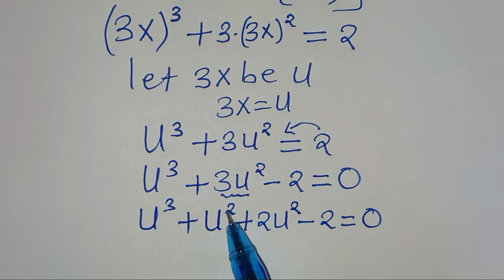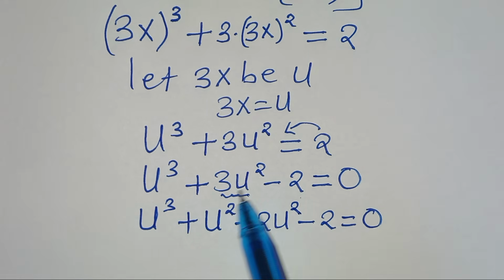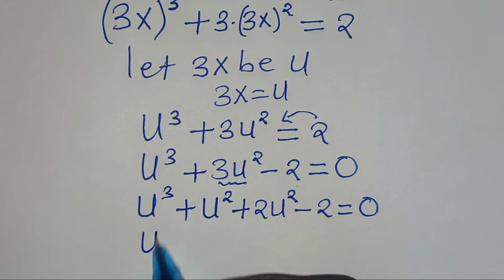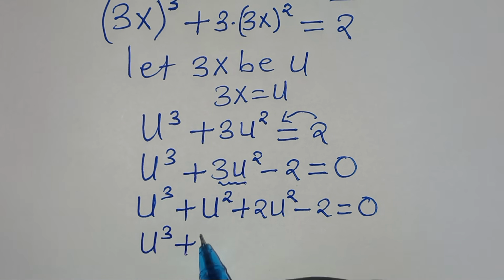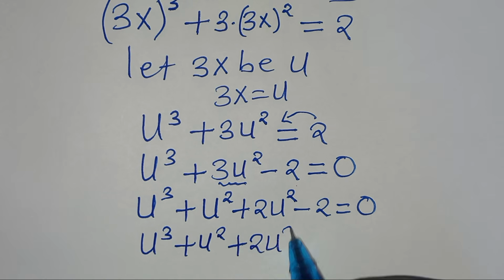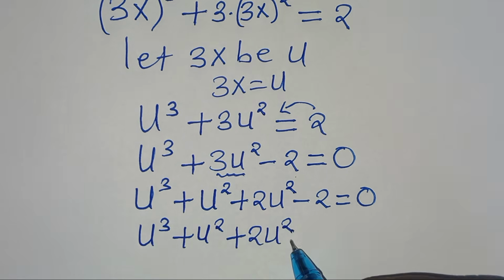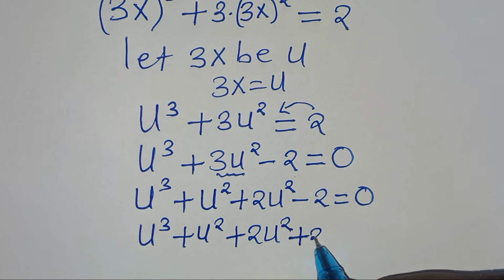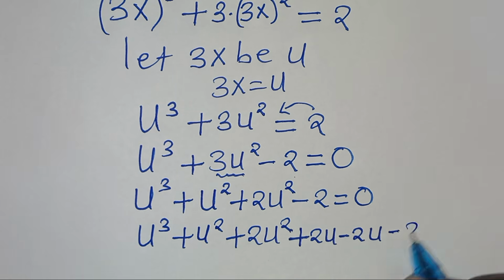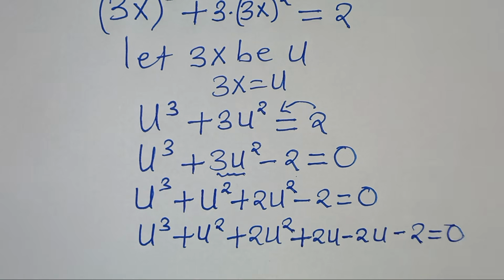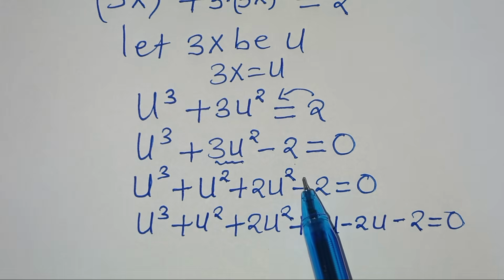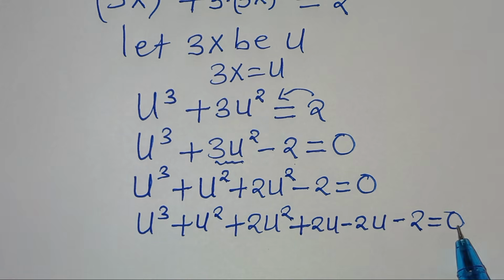So we have that u squared plus 2u squared is the same thing as 3u squared. Now let's introduce here plus 2u minus 2u, then subtract 2, this is equal to 0. So plus 2u minus 2u is the same thing as 0, so we have not altered the equation here.